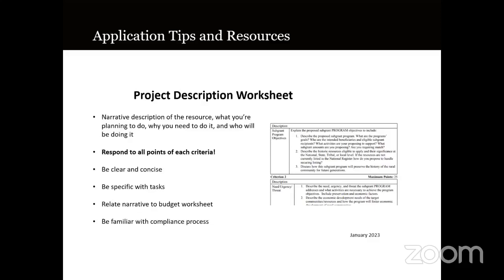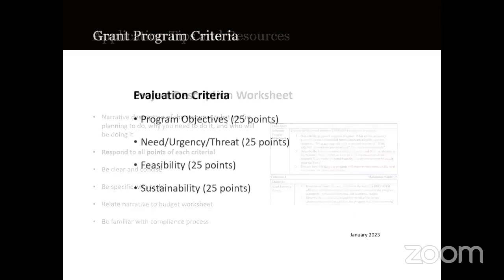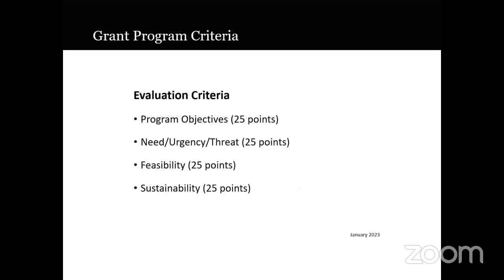The second section in this worksheet is need, urgency, and threat. And that is another area where sometimes people describe what's happened at the project, but they don't really say why they need the money right now. What is going to happen if the project you're proposing does not take place?